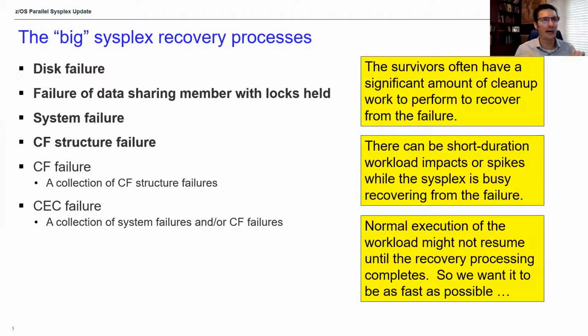We want to minimize the time window in which these recovery processes need to complete, and potentially give more processing power to your workloads so that this is less impactful to your system when you have to do these recovery actions. So this is the idea of the recovery processes that are taking place in the Sysplex.